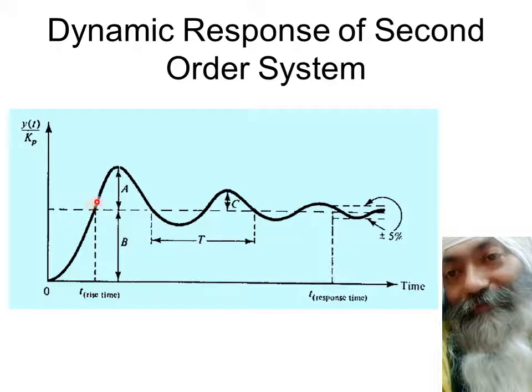It remains in up to this point, but then it moves out from the plus minus 5% band. Here also it's moving out from the plus minus 5% band. But once it's come up over here and thereafter, it's not going to move outside this plus minus 5% band. And this is the beauty.